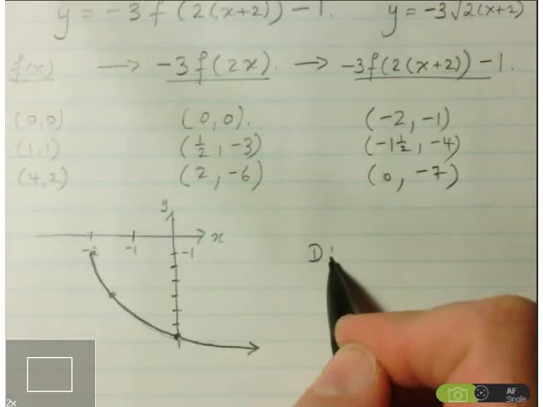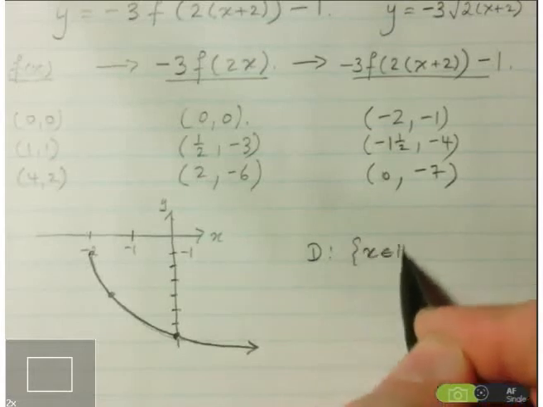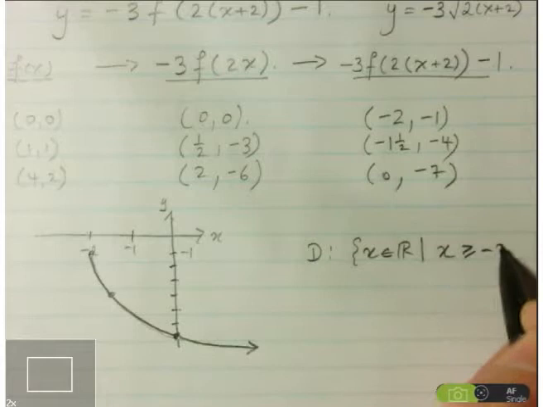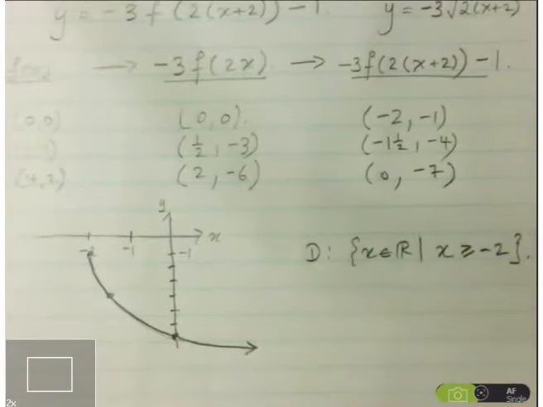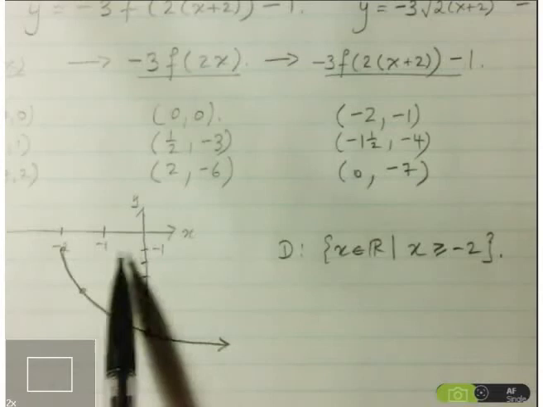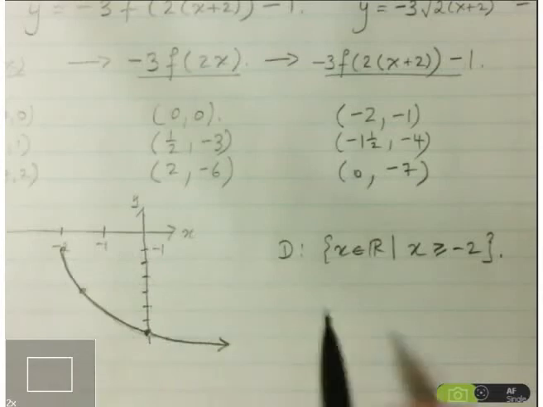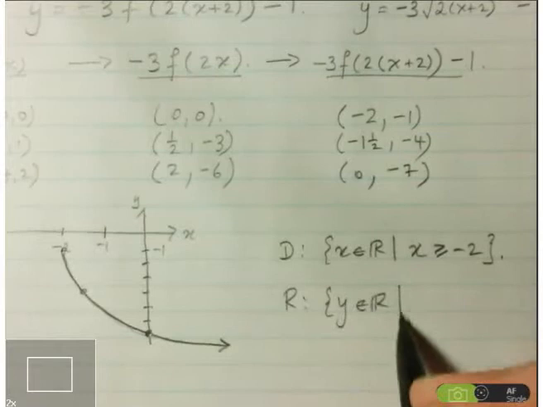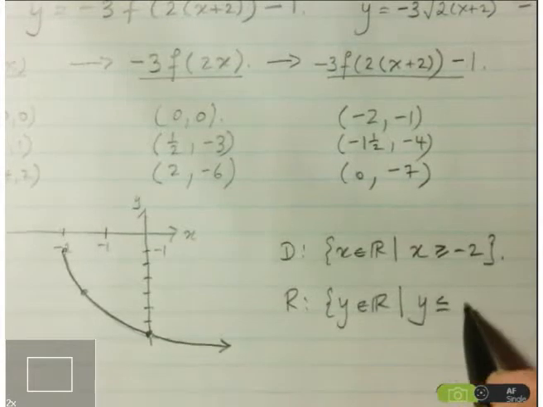So we have our domain is x in R, such that x is greater than or equal to -2. We have to include -2 there. And again, our range we see starts at -1 and goes downwards. So our range will be y in R, such that y is less than or equal to -1.